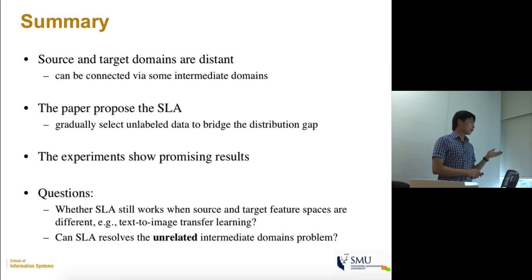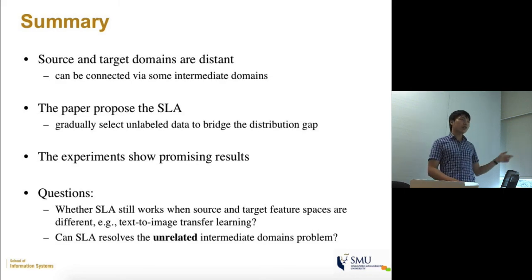And the second question is whether this selection learning algorithm can resolve the problem of unrelated intermediate domain instances. Let's say you have a lot of instances in the intermediate domain, however none of them is useful or relevant to the target task.